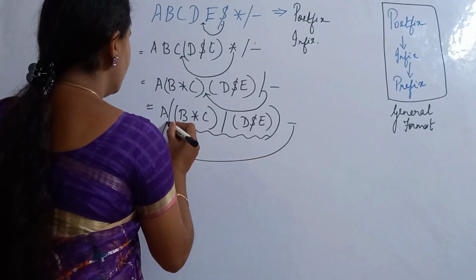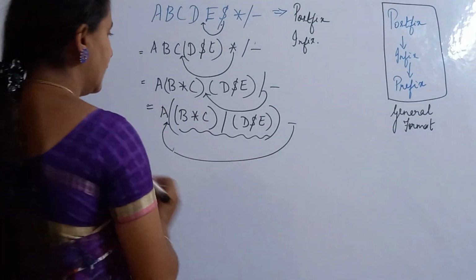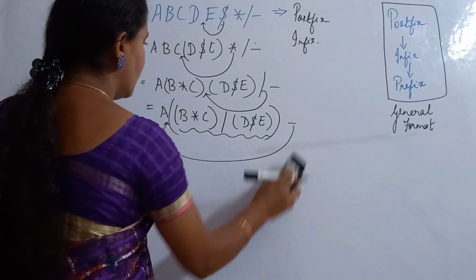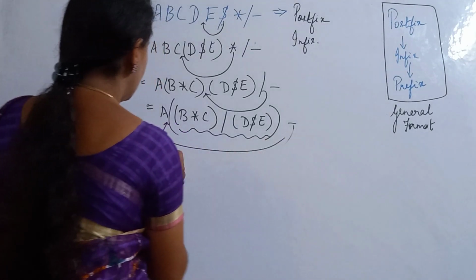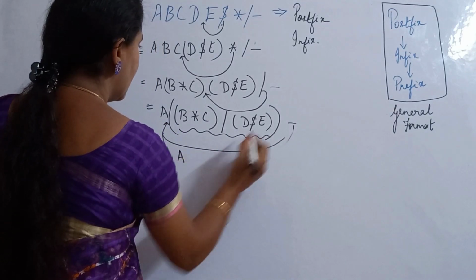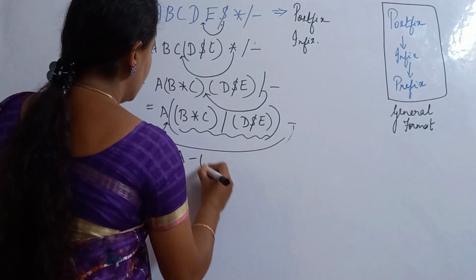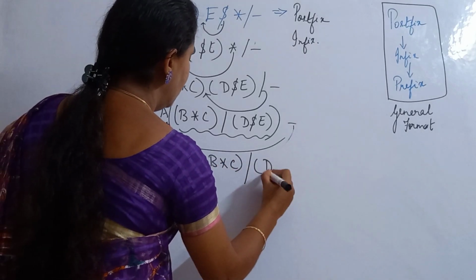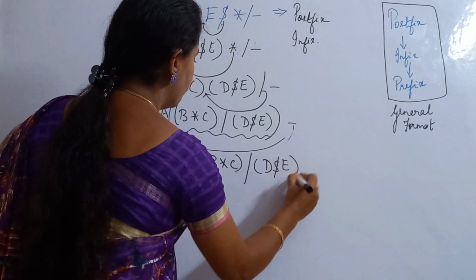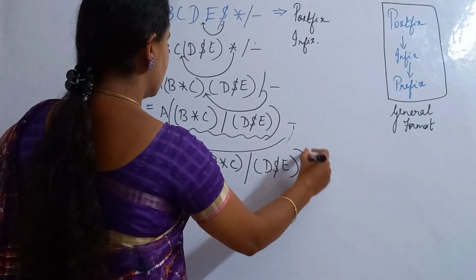So here you are going to shift it. Okay, you will get the answer as A minus B asterisk C slash D $E, and that's it.